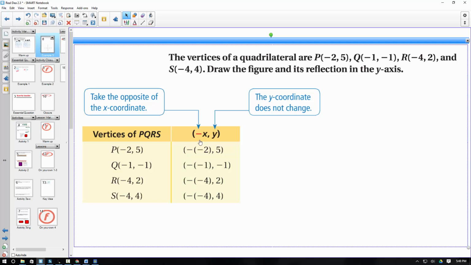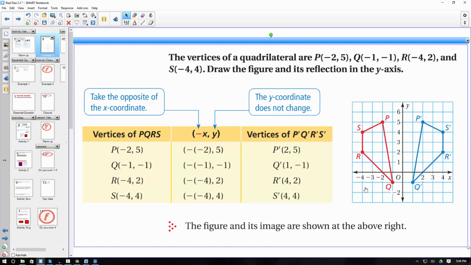Now if it's reflected across, you're going to notice here that instead of being a negative 2, it will be a positive 2. Instead of being a negative 1, it should be a positive 1. Instead of being a negative 4, it'll be a positive 4. So this is how it works. Again, it's the exact same distance across. So this is a mirror right here. This distance right here is the exact same as right here.